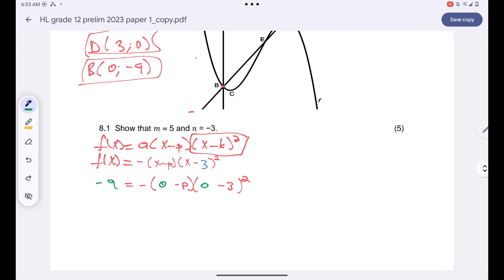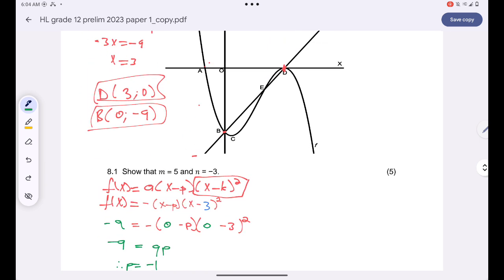All I have to do is solve for p. I'll have -9 is equal to that, which will just give me a positive 9p, right? And then, therefore, p will just be equal to -1. Does it make sense? So the x-intercept, guys, is just -1.